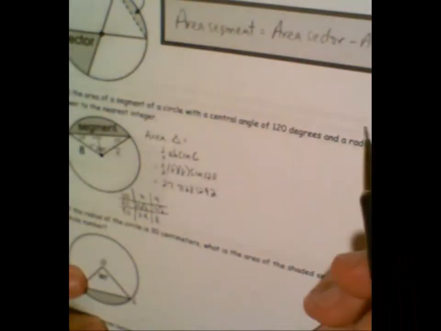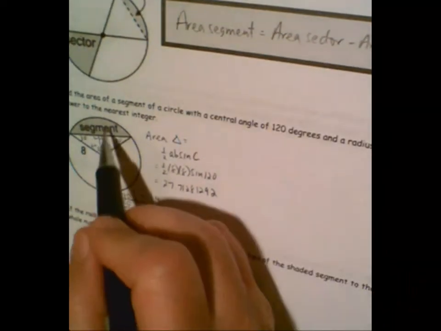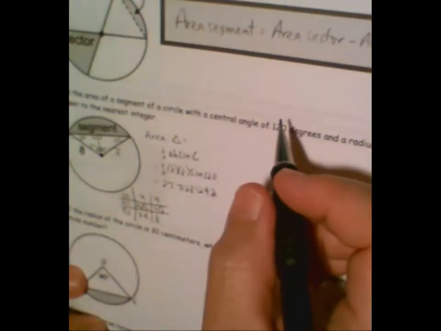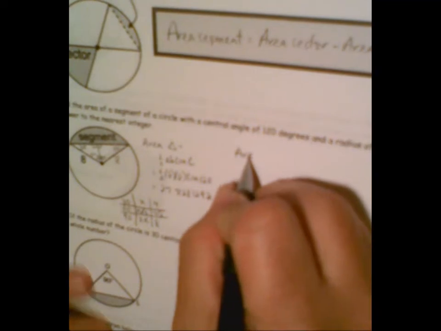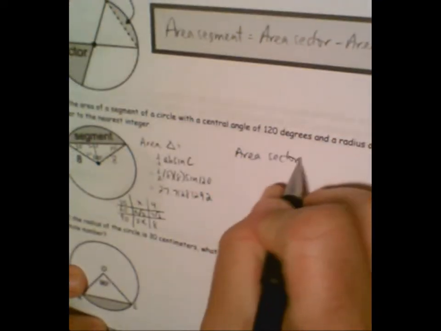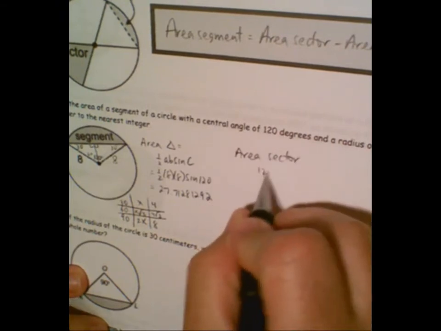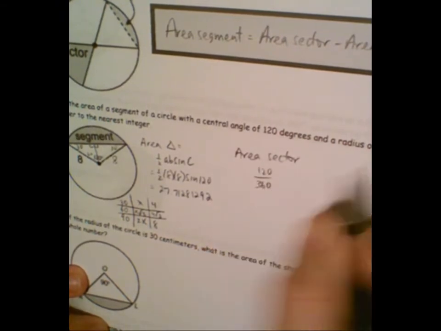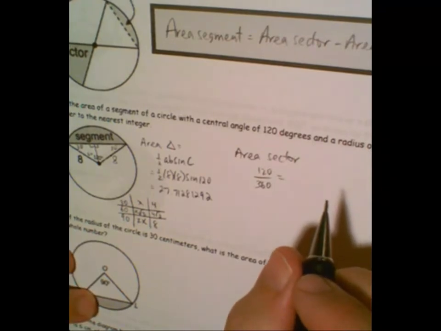So now we want to find the area of the segment. So we need the area of the sector, which is, well, we say 120 out of 360 is how much out of the area of the whole circle.